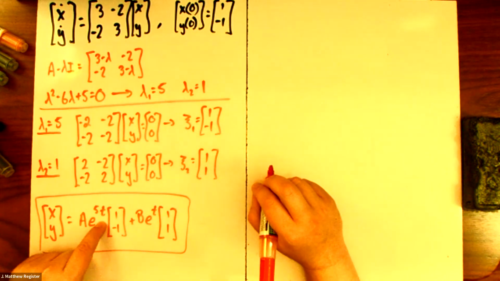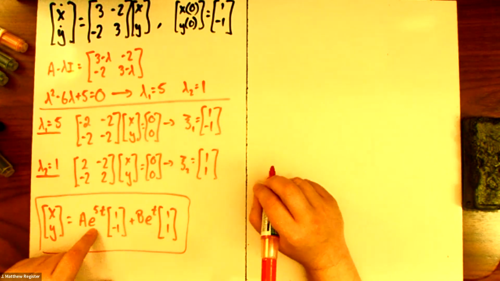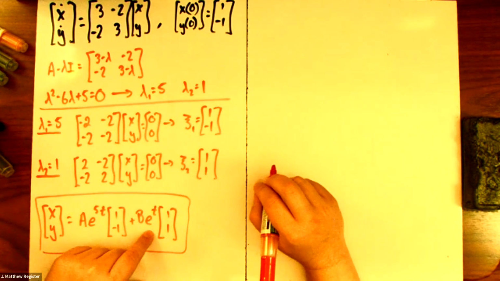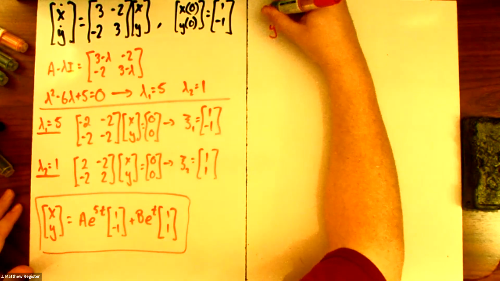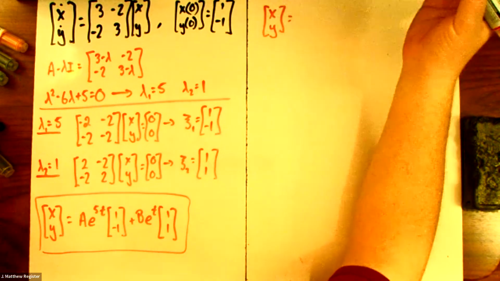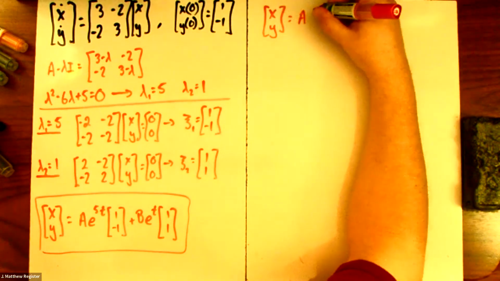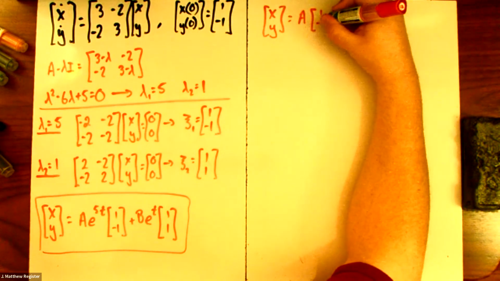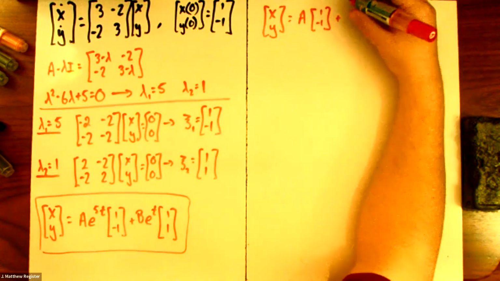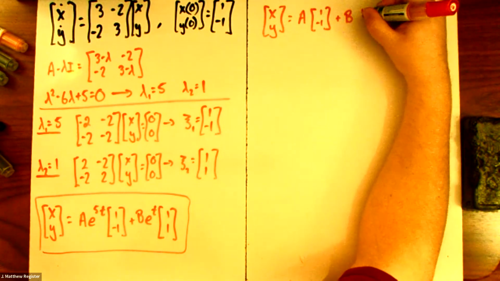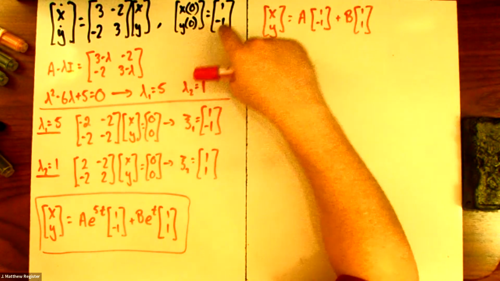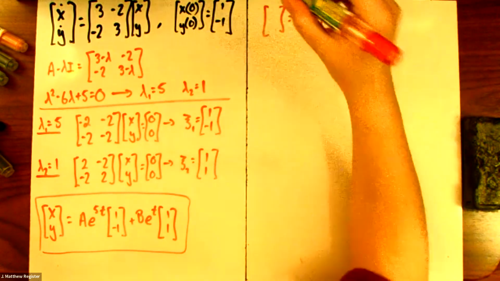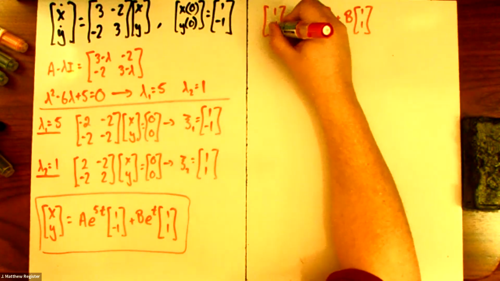Well, when t is equal to 0, e to the 5t is 1, and e to the t is also 1. And so we are going to get xy is equal to a times 1, -1 plus b times 1, 1. But we're also told that at this point, xy is equal to 1, -1.